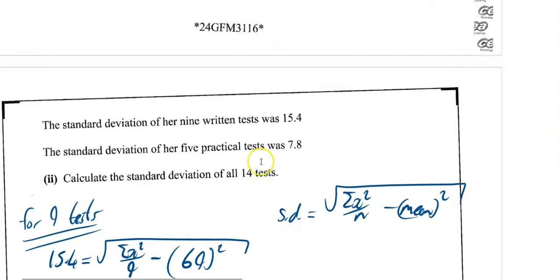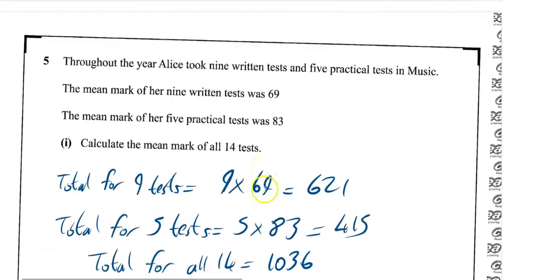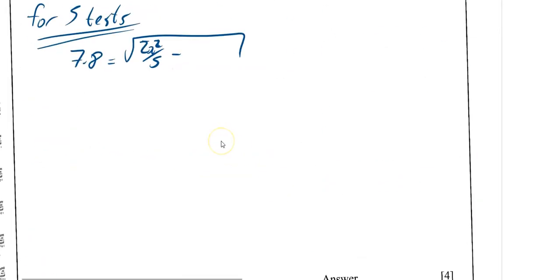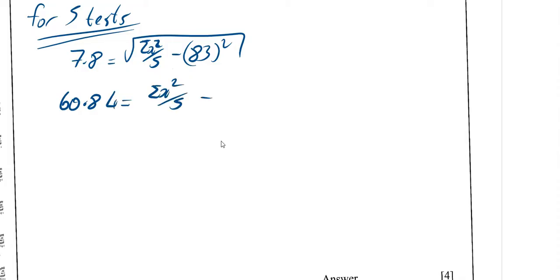And the mean for the 5 tests, let's go back and find out, was 83. So minus 83, and that was squared. Let's sort that out by squaring the 7.8, and you get 60.84 is equal to sigma x squared over 5 minus 83 squared.